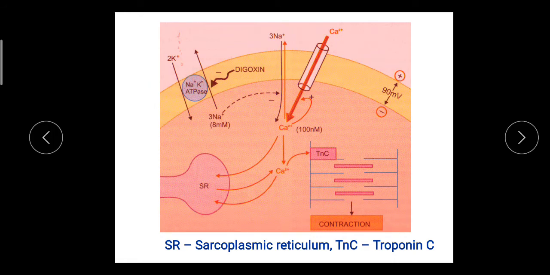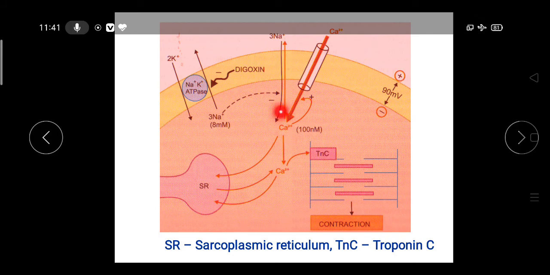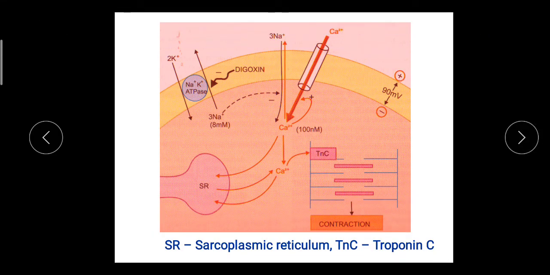Now our drug, cardiac glycoside, for example digoxin, binds to this sodium potassium ATPase pump and inhibits the exchange of sodium with potassium, and due to the inhibition a new exchange is generated, that is exchange of sodium with calcium. Sodium from inside the cell is exchanged with calcium from the extracellular.